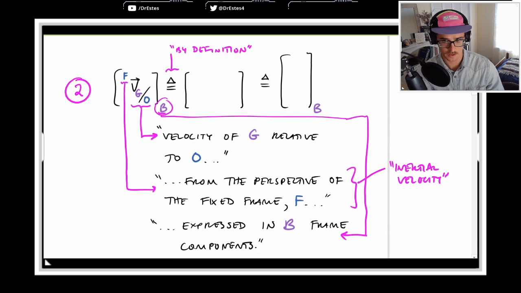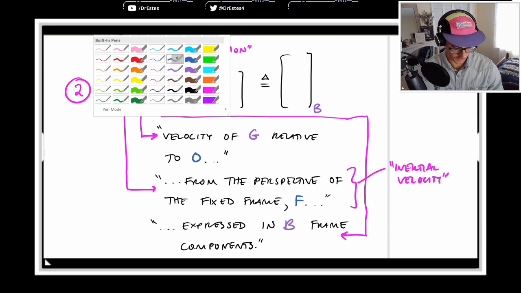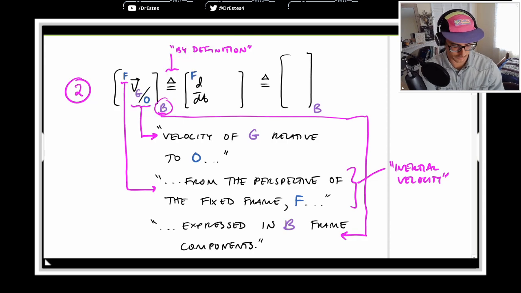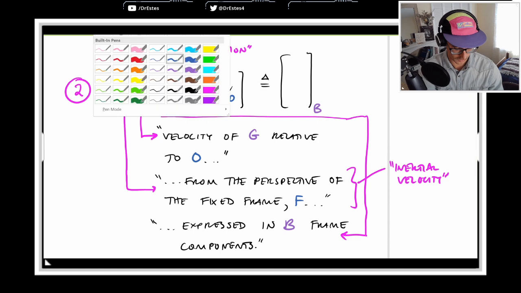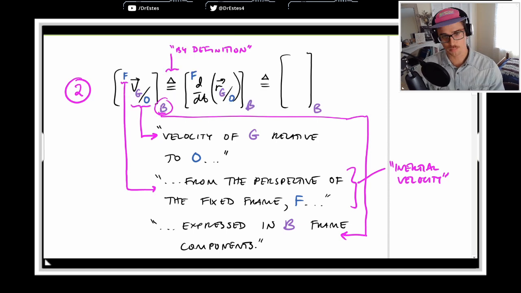All right, let's write this out again. I'm taking the time derivative from the perspective of the F frame of our position vector G relative to O, and we're just projecting that vector onto the B frame basis vector components.